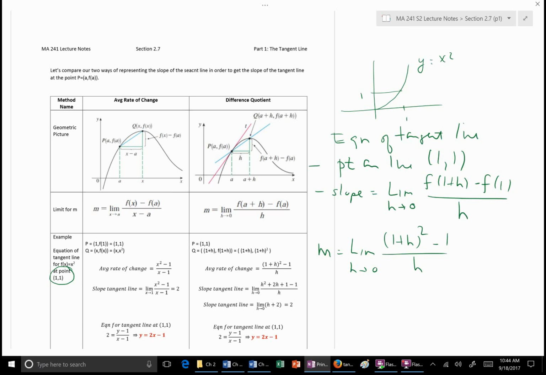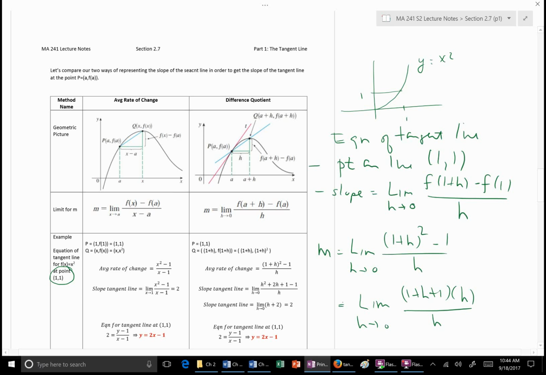It looks like this is 2 squared. Because 1 is 1 squared. So I could also write this like this. I could factor it into (1 plus h plus 1) times (1 plus h minus 1), which is h, all over h. Right.